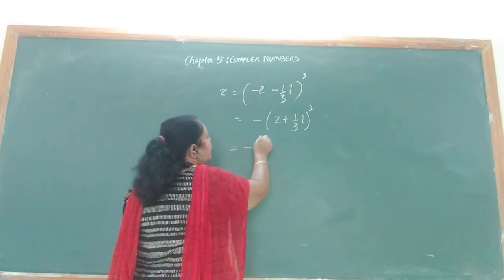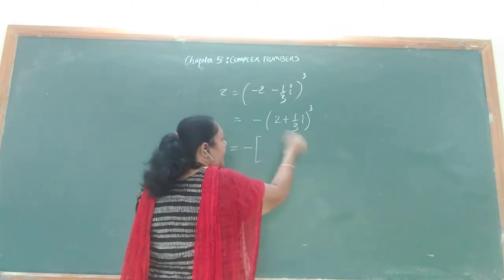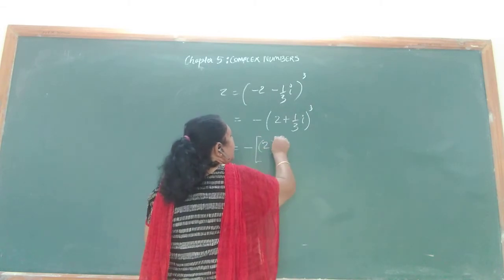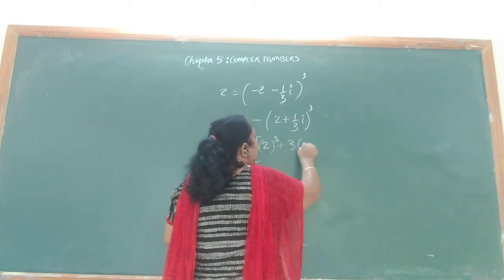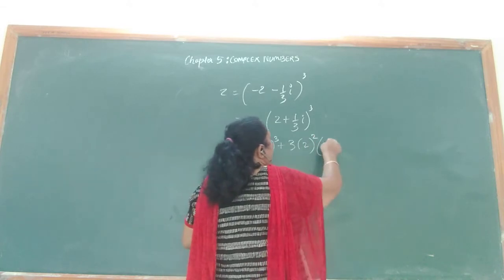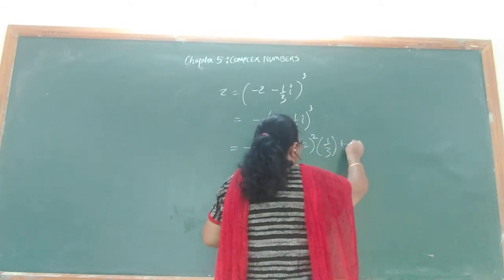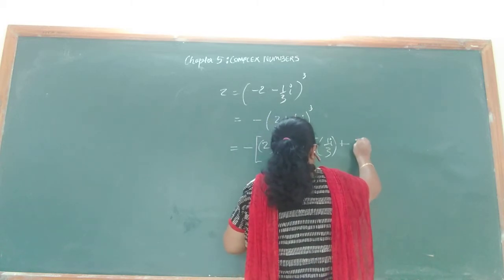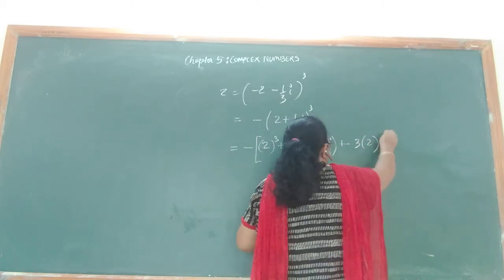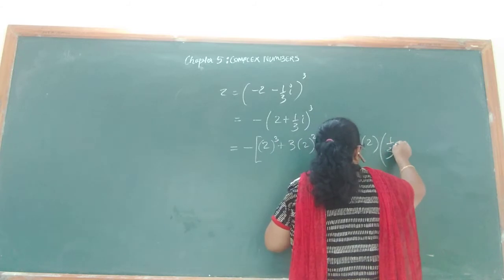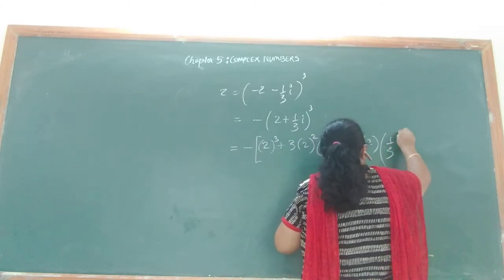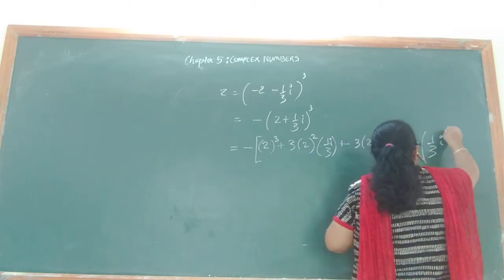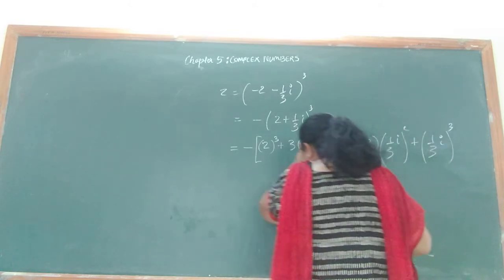So now this minus sign is there, and I earlier also used that formula. Let us use this, that is 2 cube plus 3 into 2 square into 1 upon 3i, plus 3 into 2 into 1 upon 3i whole square, plus 1 upon 3i whole cube.